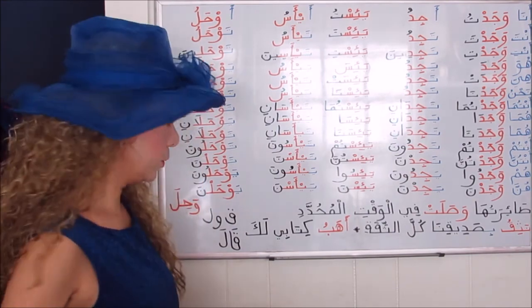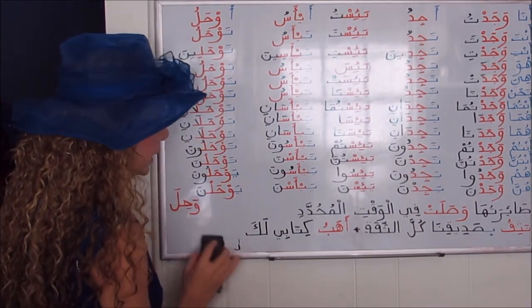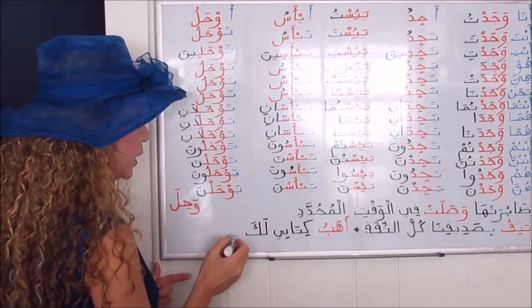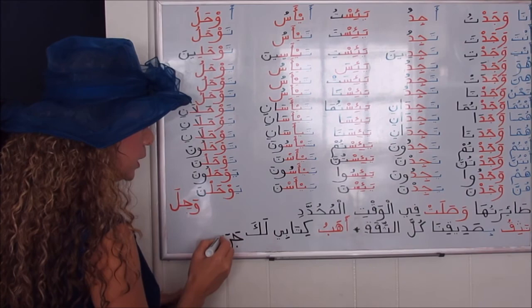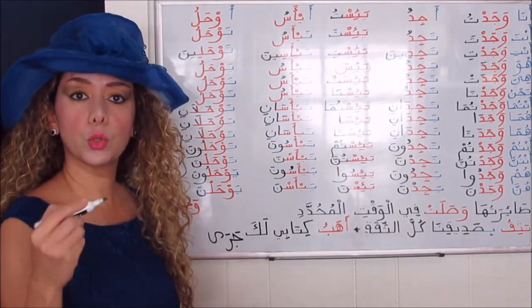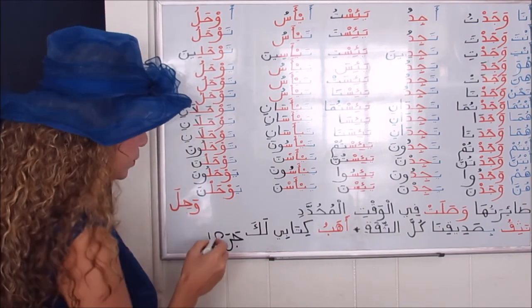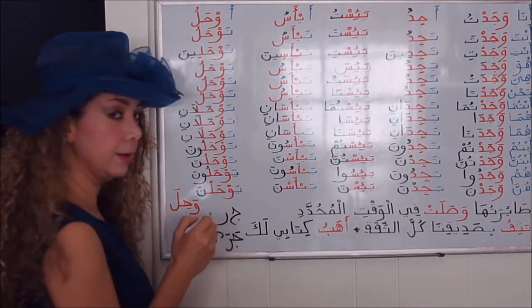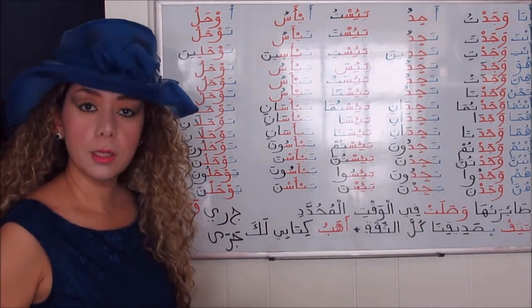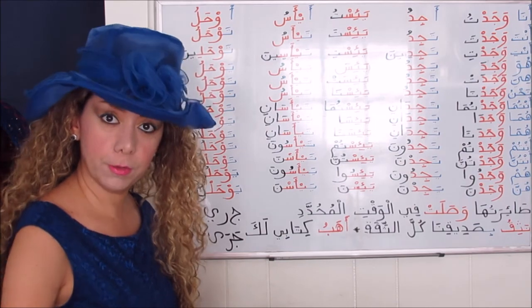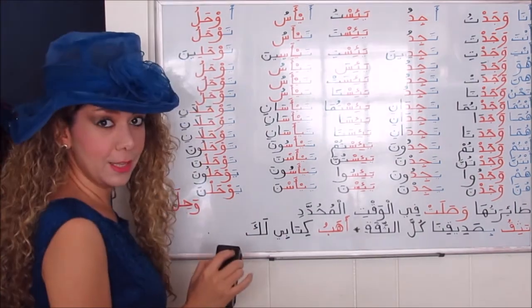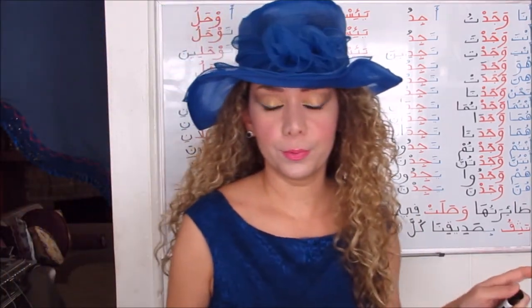For defective verbs ending with a weak letter, for example, the verb jara, huwa jara, he ran, ending with a shortened alif. The root of this verb is jim, ra, ya. So this ya turns into a shortened alif in the perfect. But this is not the case with this verb.